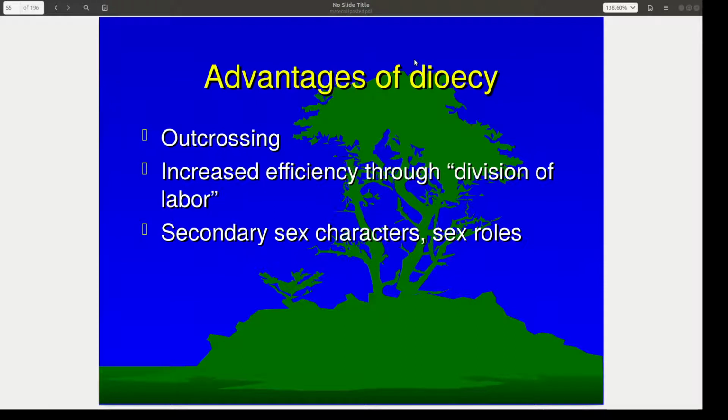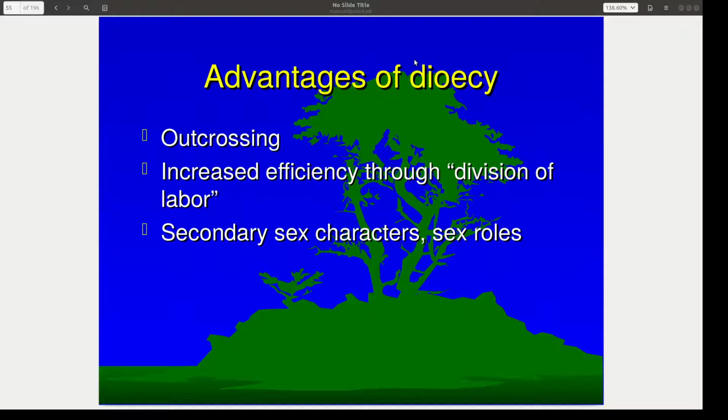And pretty much the only other possible advantage is that the dioecious condition allows greater specialization and differentiation between the two sex types, males and females. So if you can imagine natural selection and sexual selection acting to design the best possible male and the best possible female function, it might turn out that the best possible functions can only exist in different individuals because there's conflict between the two functions.